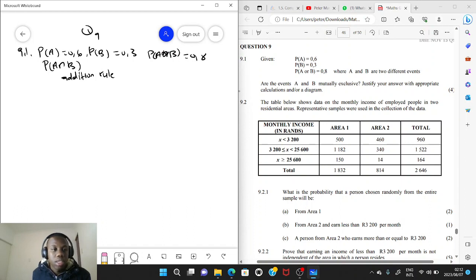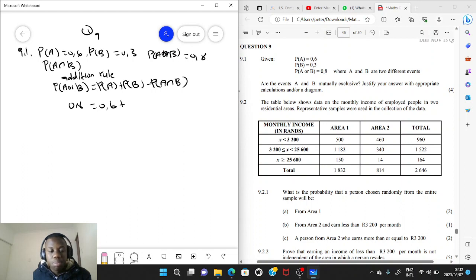The addition rule states that the probability of A or B is equivalent to the probability of A plus the probability of B minus the probability of A and B. So for the probability of A or B, I have 0.8. For the probability of A, I have 0.6.